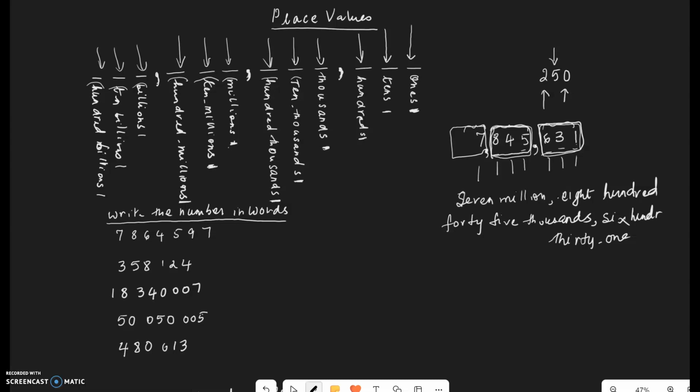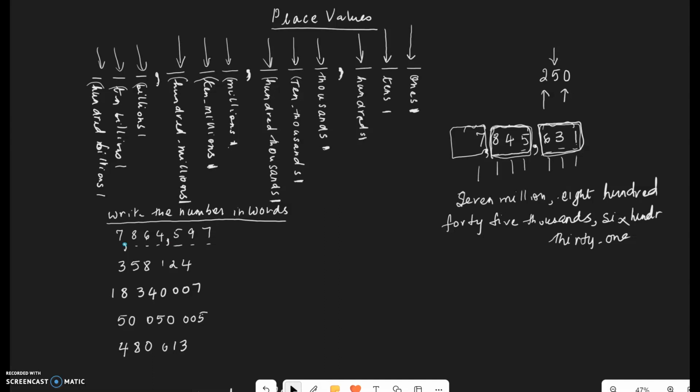So now let's first put the commas, count from the right. 1, 2, 3. Put the comma. 1, 2, 3. Put the comma. So this is the thousands, and this is the millions comma.